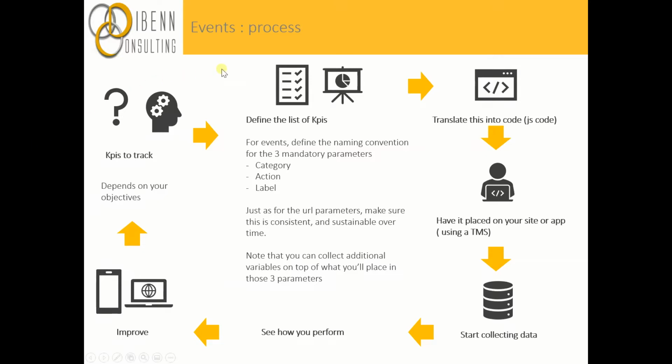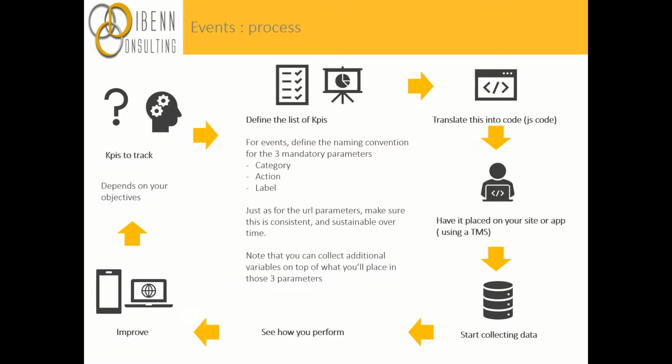Once this list is set up, there are really many chances that it encompasses loads of events, basically everything that is really specific to your site, like clicking on a certain button, filling in a certain form, and so on. And those events would require a certain naming convention.